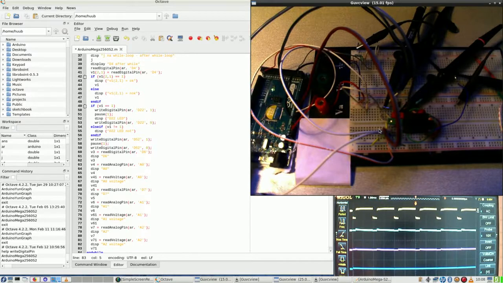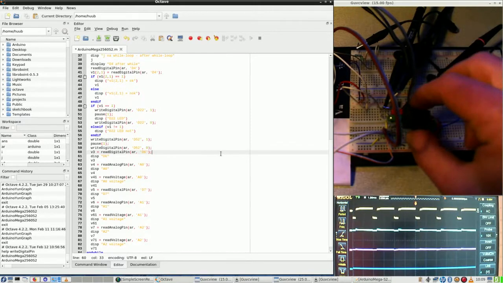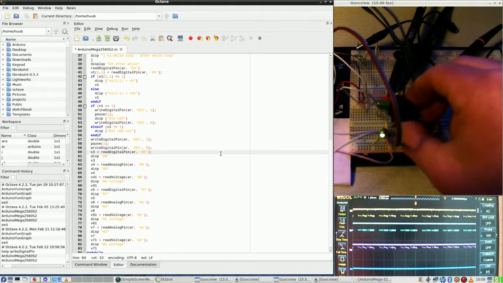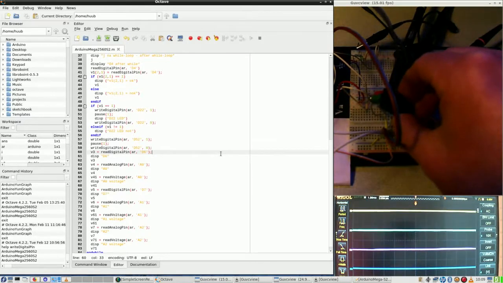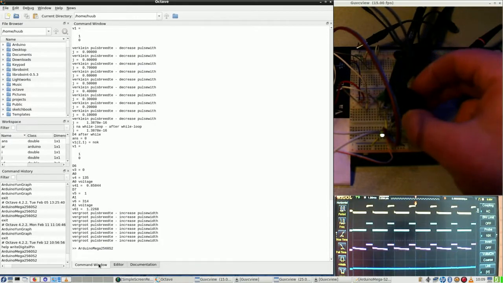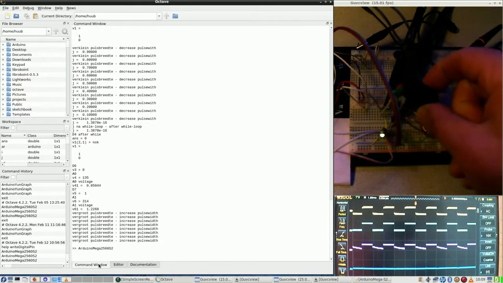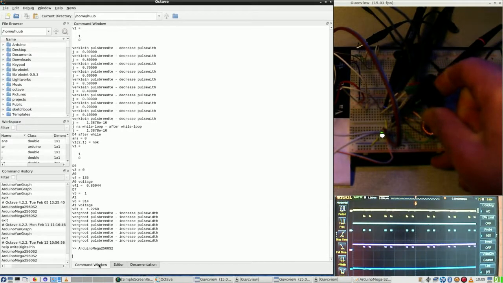So with all this, let's run again, holding the switch, and go. And then I hope there's no error. No, there's no error. I just have to hold the switch for some time.